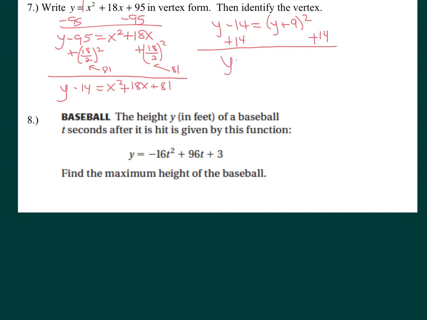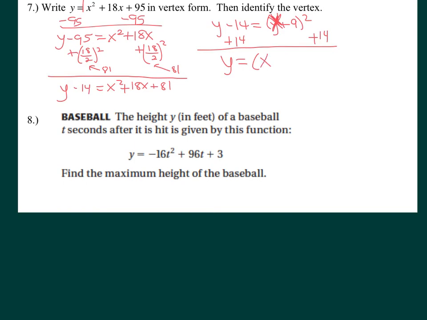I just realized I wrote a y here, and I mean an x. It's not letting me erase it, so I'll just have to write over top. I apologize. That should say x plus 9 quantity squared.